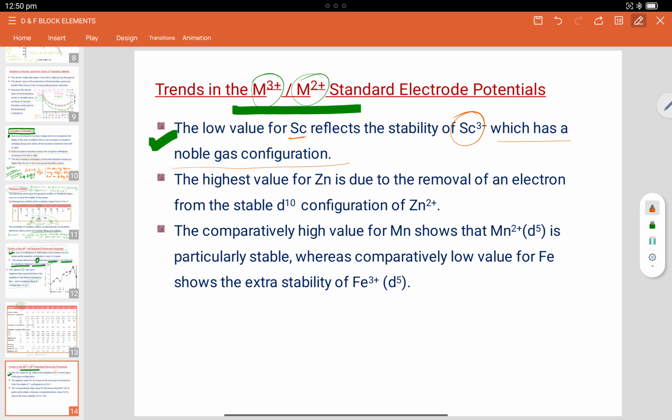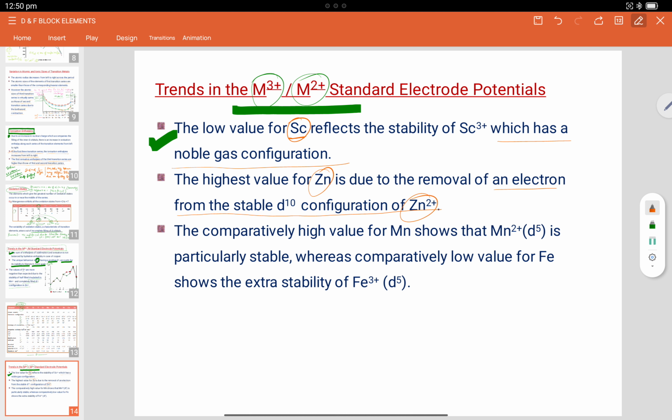What are they saying? The low value for scandium reflects the stability of Sc+3, which has the noble gas configuration. The highest value for zinc is due to the removal of an electron from the stable 3d configuration, converting into Zn+2.